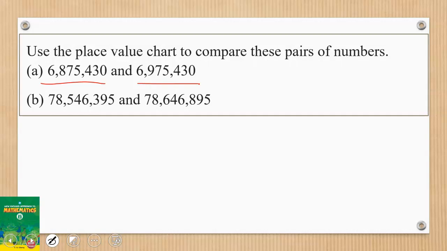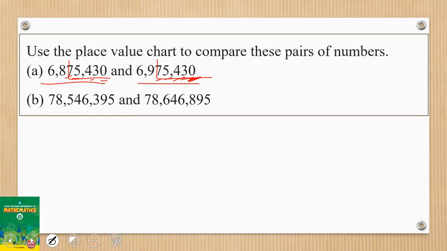When we have to compare these two numbers, you look at them in terms of their place value. Starting from the ones, we have 0 and 0, they are the same, 3 and 3, the same, 4 and 4, the same. Then we have 5 and 5, and 7 and 7 also over there.